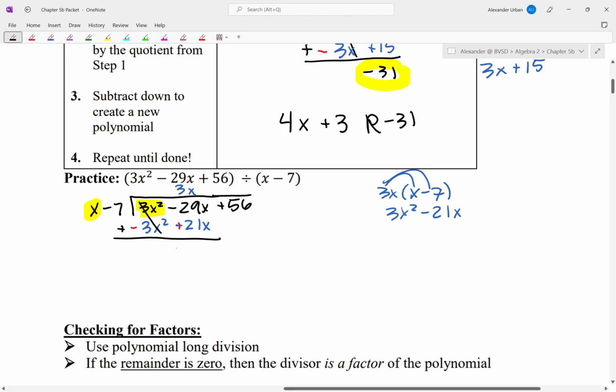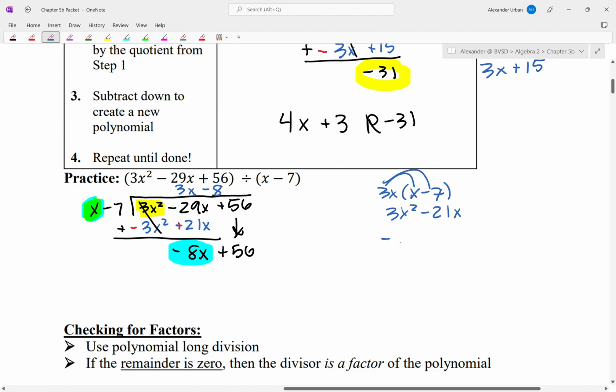No more x squareds, but I end up with negative 8x plus 56 after I drag it down. So now I need to match my x with this negative 8x. So I'm going to have to multiply by negative 8.